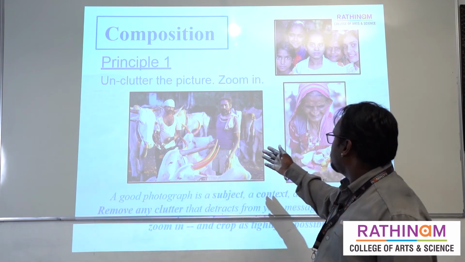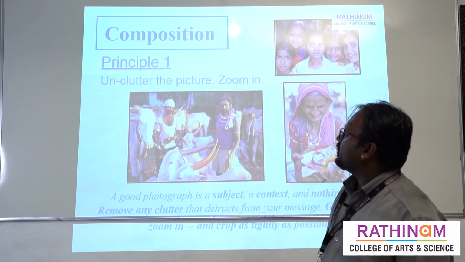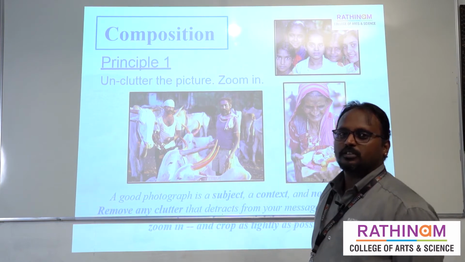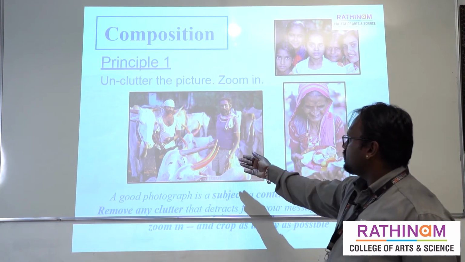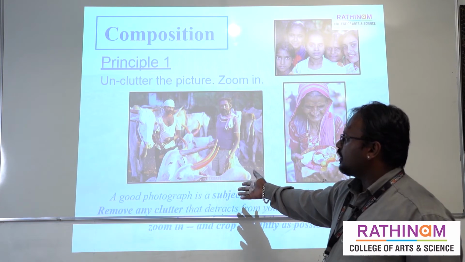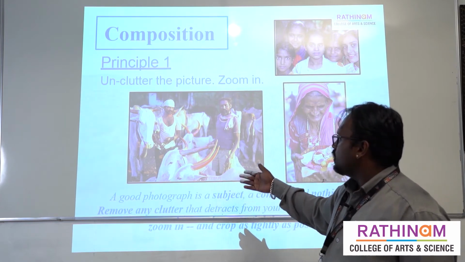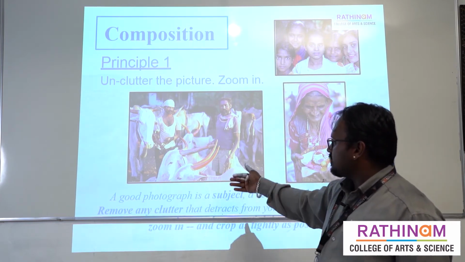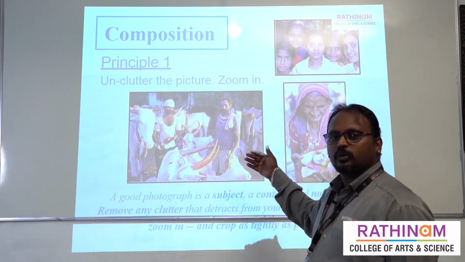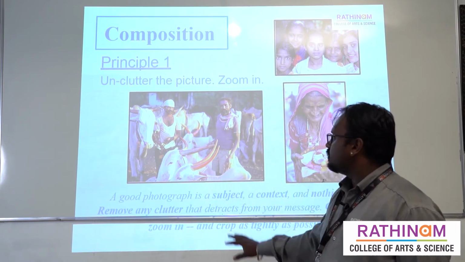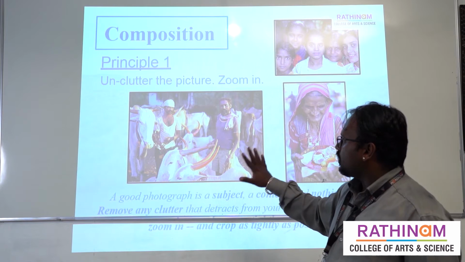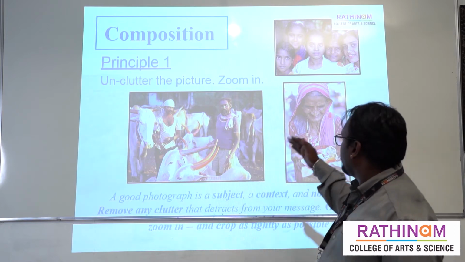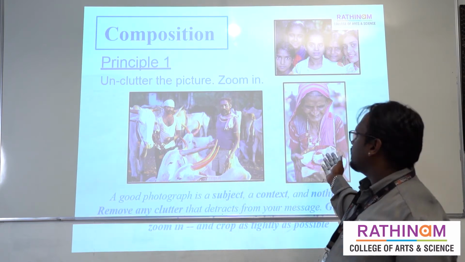These are the three photographs we have given here. What is composition? This photograph is a buffalo market. What is our subject? Our subject is the buffalo and the people who came here to sell the buffalo. For this we cannot go very close up like in this photograph.